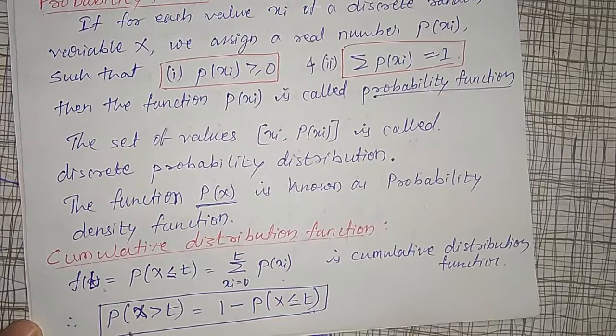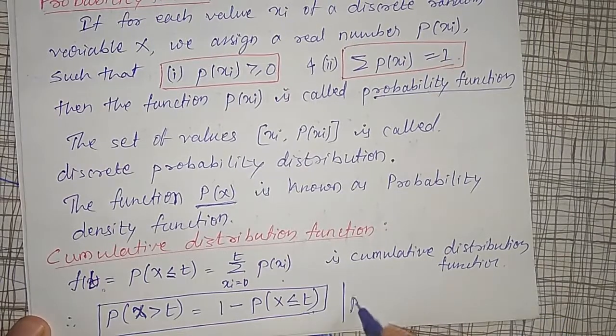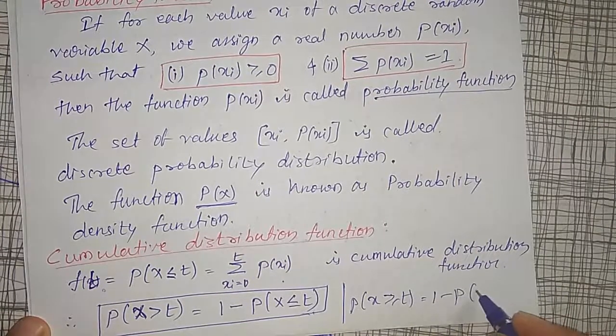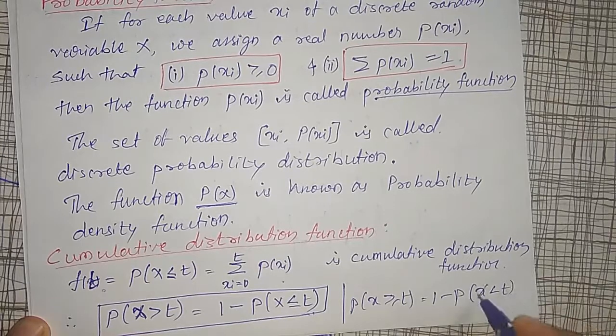And the probability of x greater than or equal to t is given by 1 minus the probability of x less than t.